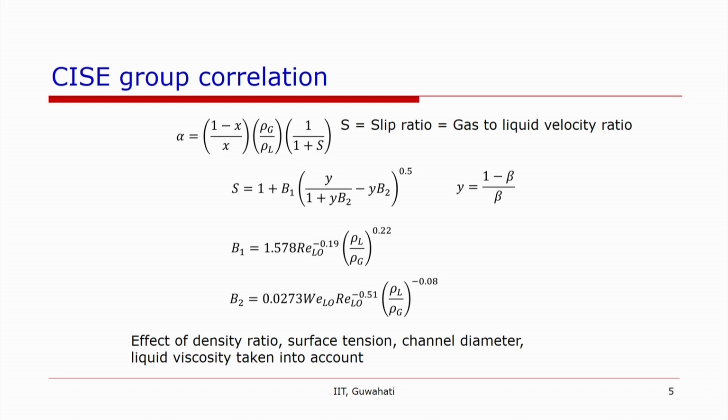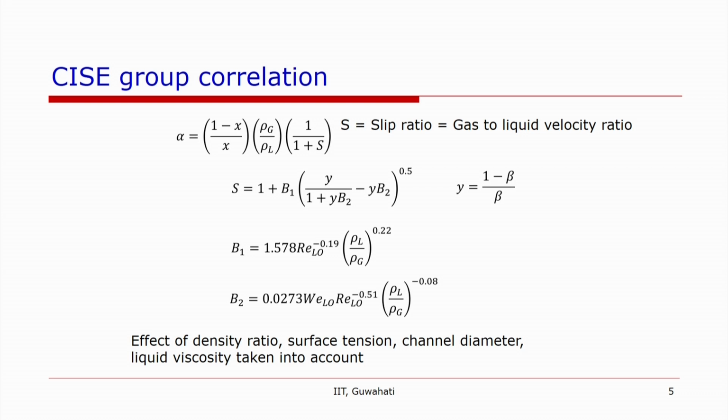So it has again a similar to Butterworth type correlation, that it uses quality. 1 minus x over x is one group that they use, then rho g over rho L is another group. So same the density ratios and the ratio of mass fractions of the two phases.